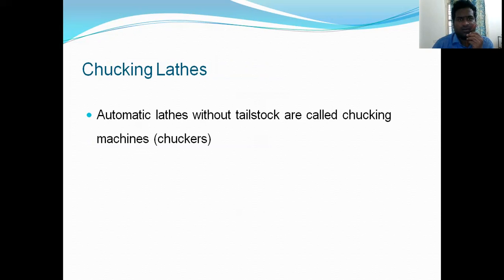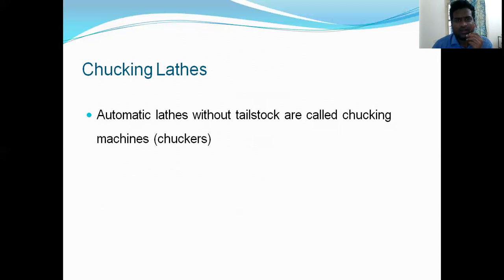Generally every machine has a chuck. The chuck is the work holding unit. We have a number of types of chucks; the independent chuck, universal chuck and collet chuck are generally used. But here we are discussing chucking lathes.